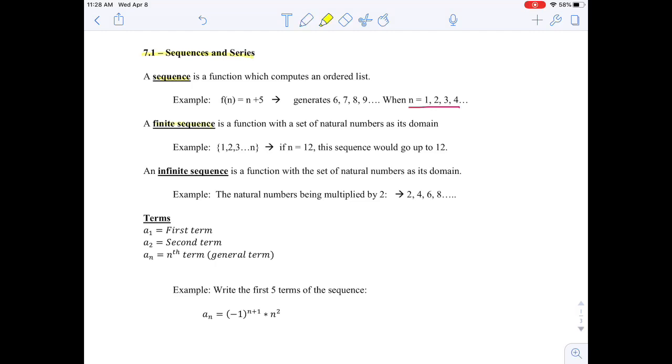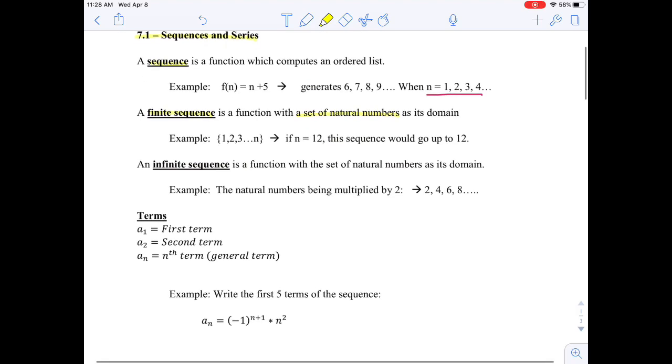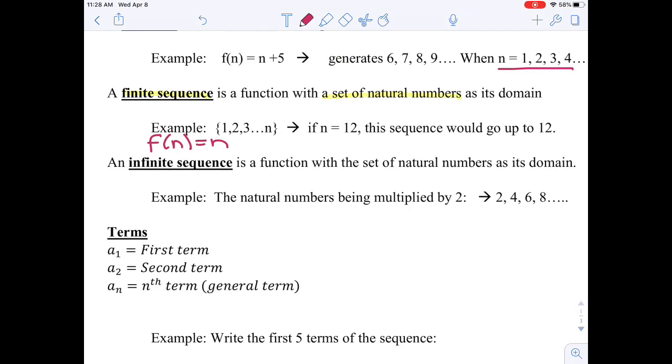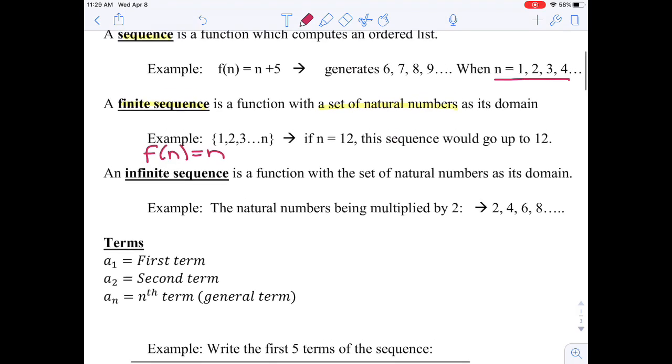A finite sequence is just that. It's finite. It ends. And it deals with a set of the natural numbers, so not all the natural numbers. If you remember, natural numbers are your counting numbers, starting with 1. So I could have f of n equals n, where my domain is just n going from 1 to 12.